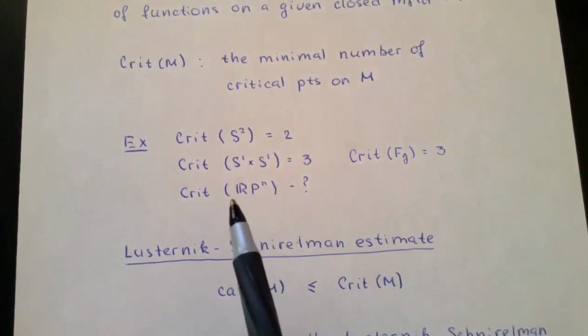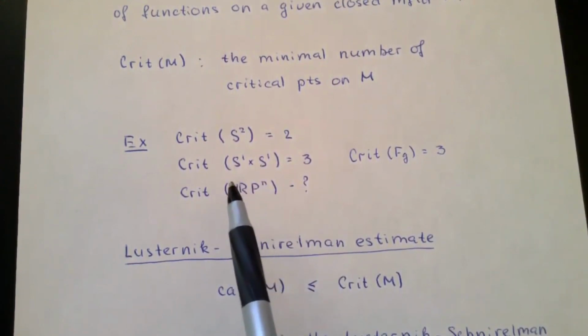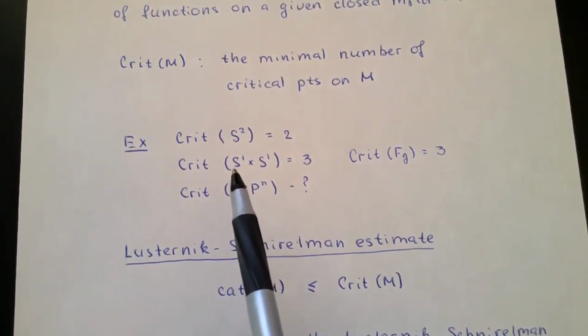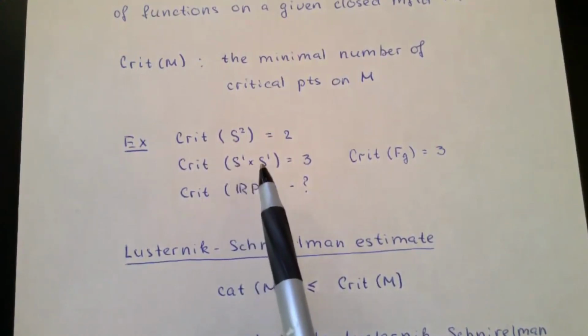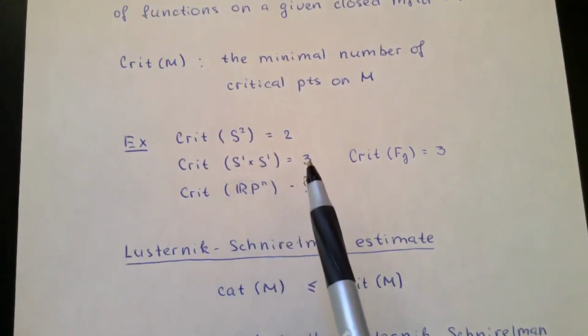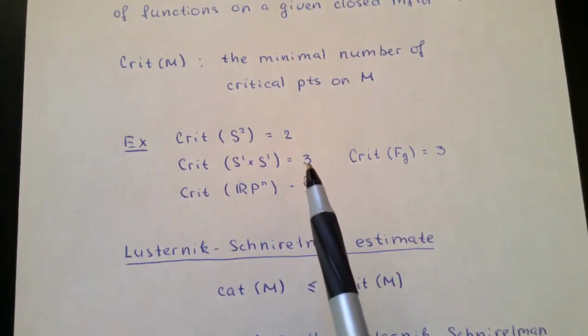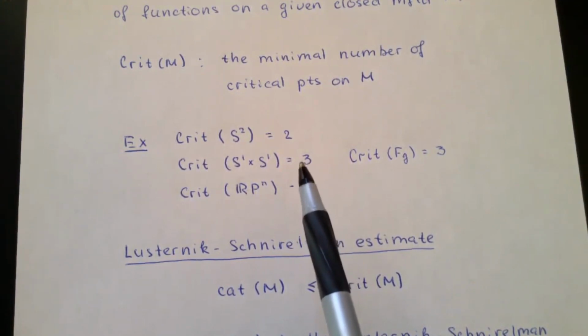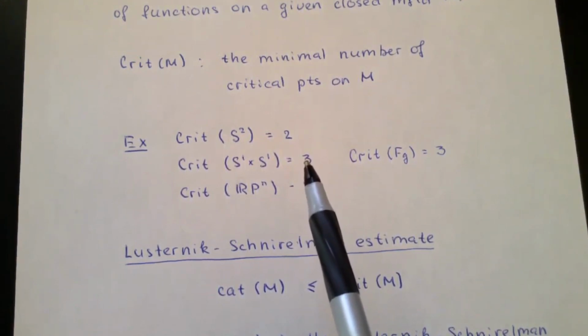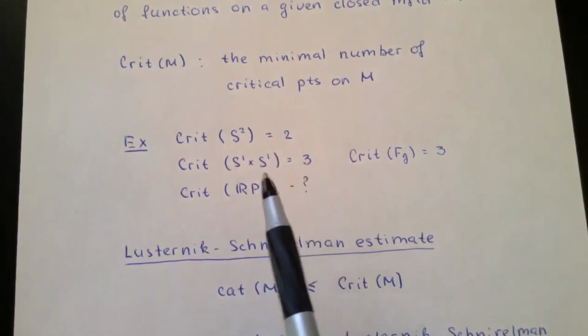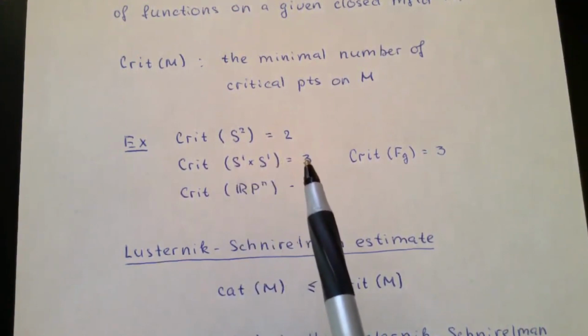It might be slightly more difficult to determine that the minimal number of critical points on the torus is 3. Of course, if we just take a standard embedding of the torus into R3, then the minimal number of generic critical points will be 4. However, it is possible to embed the torus in a different way, in slightly more complicated way, so that the number of critical points is 3.